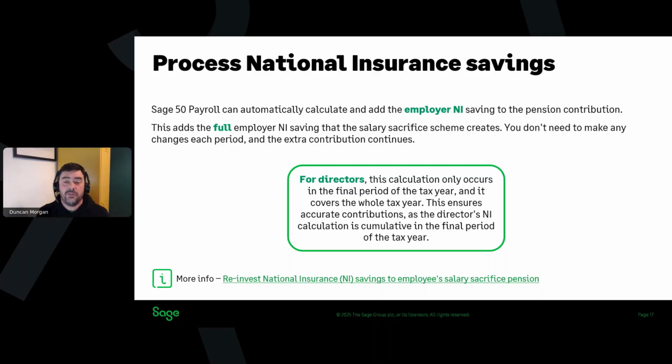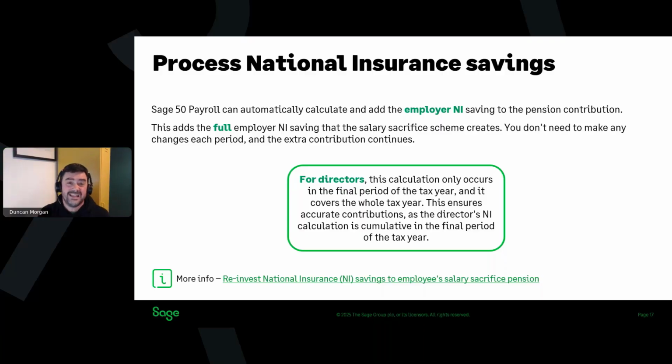Now, just to be clear on this, it will always add the full employer NI saving. So it isn't possible to just reinvest part of the employer NI saving. The way the feature works is it does add it all. But if that's the way that your scheme operates, you can just select a tick box and the software will calculate the NI saving based on the salary sacrifice amount, and add that in to the employer contribution.